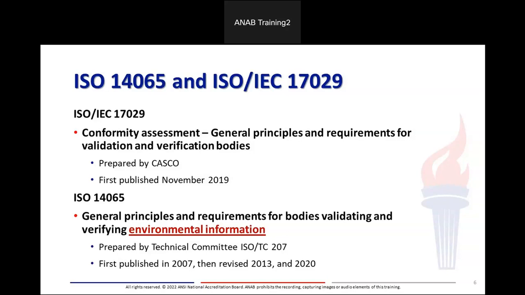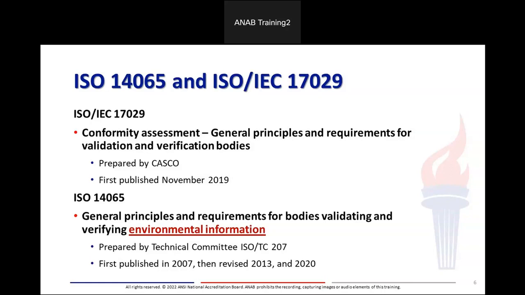So ISO IEC 17029 was first published as a standard requirement document in 2019. So it's fairly new on the scene as a conformity assessment document.